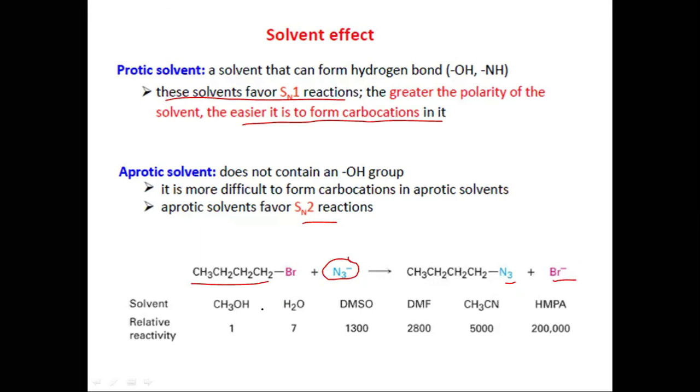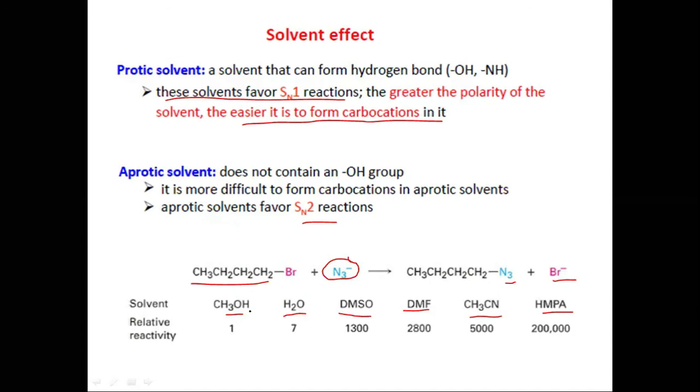The same reaction can be performed under various solvent systems: methanol, water, DMSO, DMF, then acetonitrile, then HMPA. So you are changing the solvent but keeping the two reactants the same. The relative reactivity depends on the solvent here, because you keep the two reactants and the reaction medium the same, and the only thing you change is the solvent.